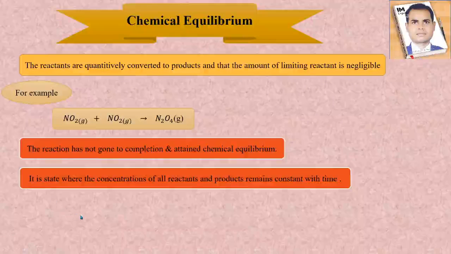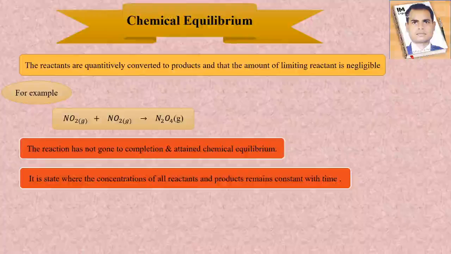It is the state where the concentrations of all the reactants and products remain constant with time. It is observed that most reactions proceed to completion at specified conditions of temperature and pressure, and we can also say that many chemical reactions stop much before completion.